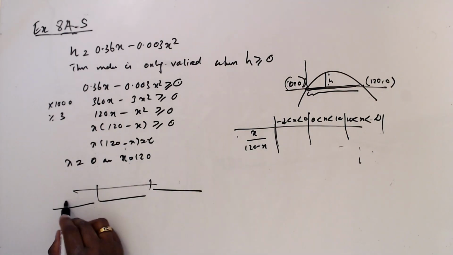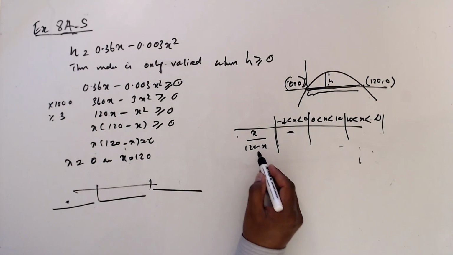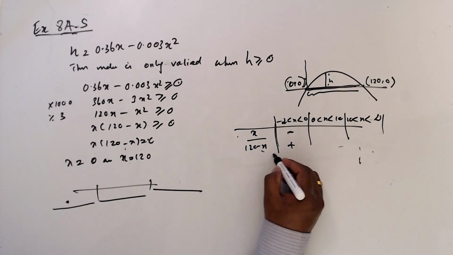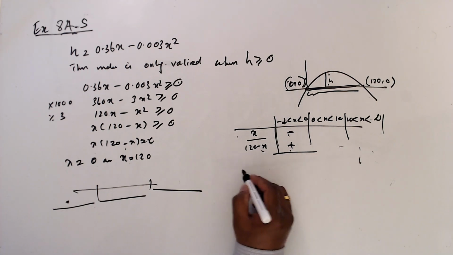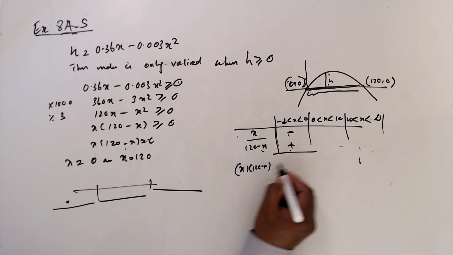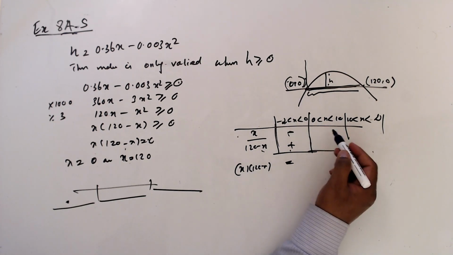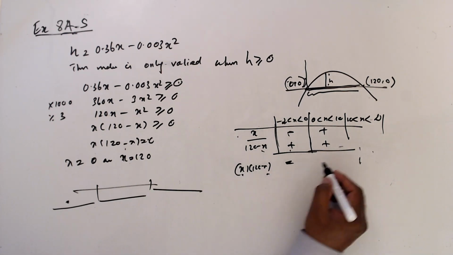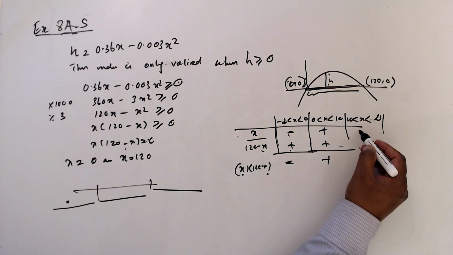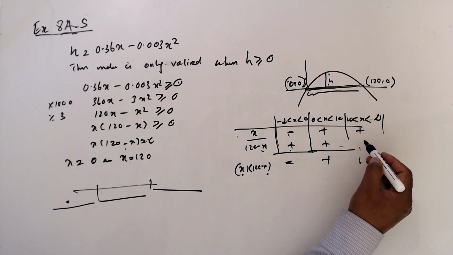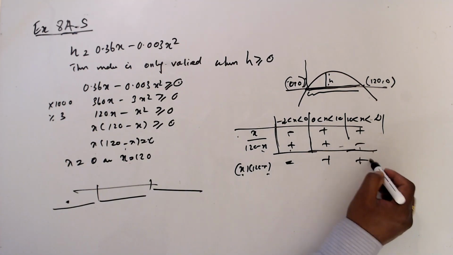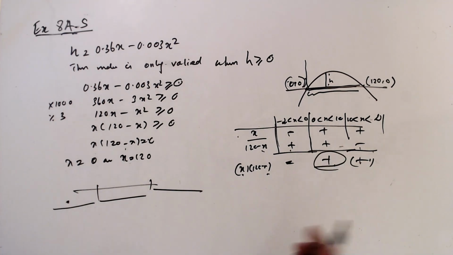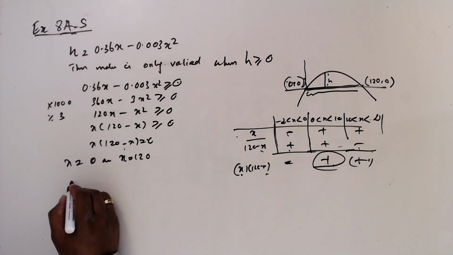If you select any value from the first area, x is negative and 120 minus x is positive, so positive times negative is negative. Likewise, if you pick a value from the last area, x is positive and 120 minus x is negative, so the result is negative. Hence the middle area is the only acceptable area. That's how we did the second method. So the model is valid for 0 less than or equal to x less than or equal to 120.